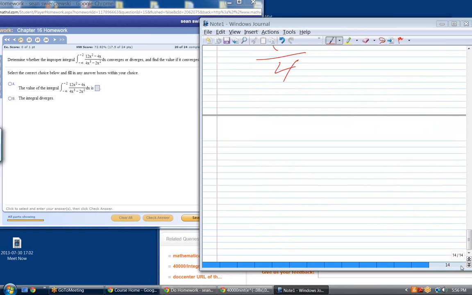Well, since it's an improper integral, I don't know that your calculator will do indefinite integrals. I think to use NINT, you have to have limits of integration. Well, let's do some factoring of this.